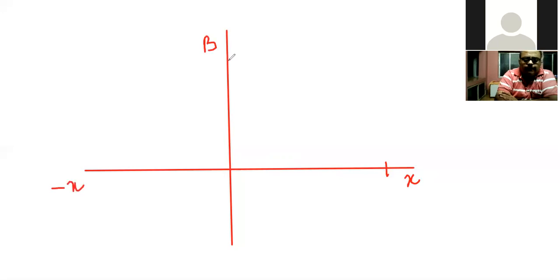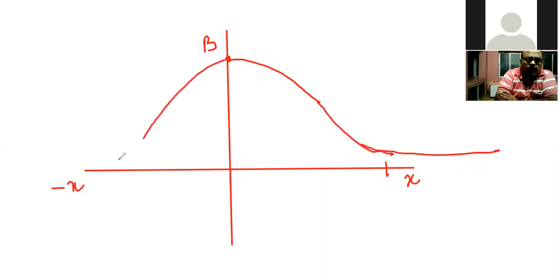At x equal to 0, this is maximum, and gradually it will move towards infinity, tending to 0. So the graph will be something like this. Am I clear to everybody? Similarly, if I take the other side of the coil, it will also be something like this.